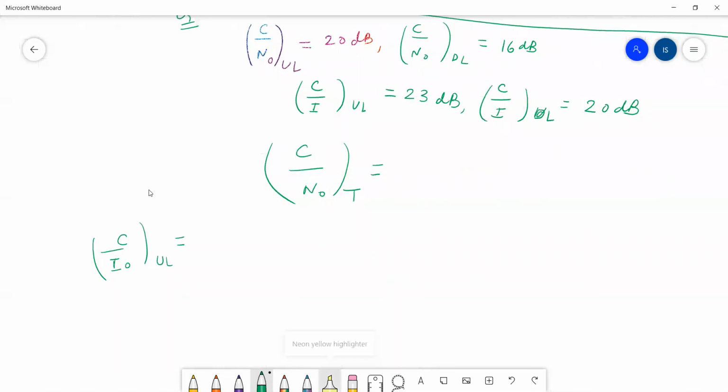This is 23 dB, and 23 dB is equivalent to 10 to the power 2.3, so it is equivalent to 199.2.